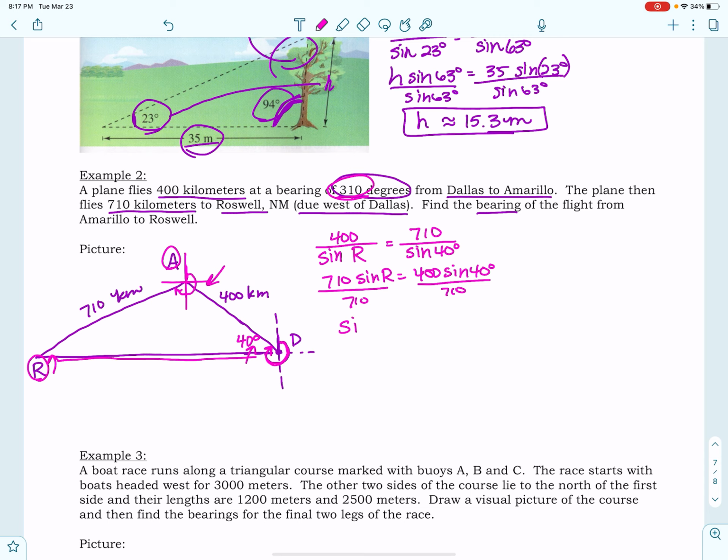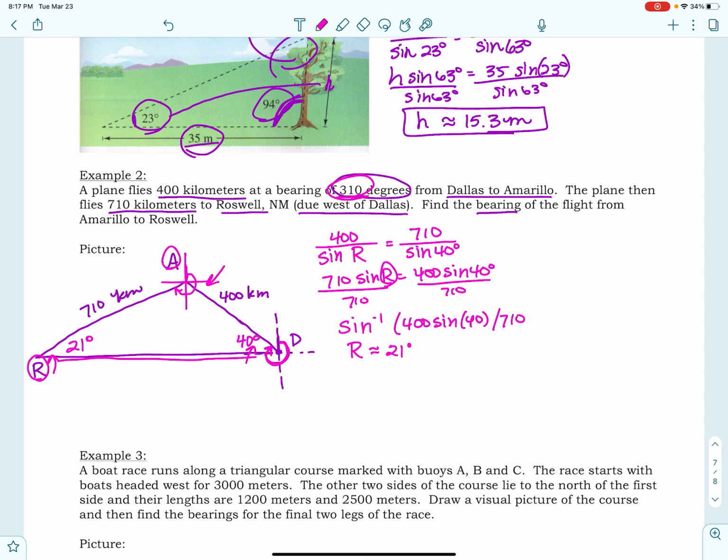And then in your calculator, we're looking for the angle R. So we're going to type in sine inverse of 400 times the sine of 40 divided by 710. And what we end up getting for R is approximately 21 degrees. We're going to round it to a whole degree. So I now know that this angle is 21 degrees.